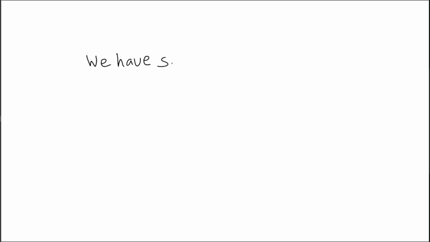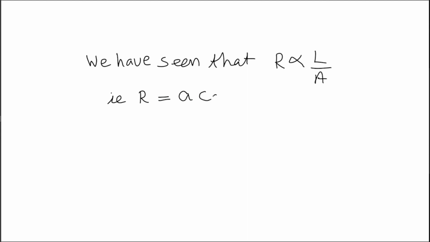So, we have seen that R is proportional to L by A, that is R is equal to a constant into L by A. Here that constant is resistivity of the material rho, so R can be written as R is equal to rho into L by A, where rho is the resistivity of the material, L length and A area of cross section.